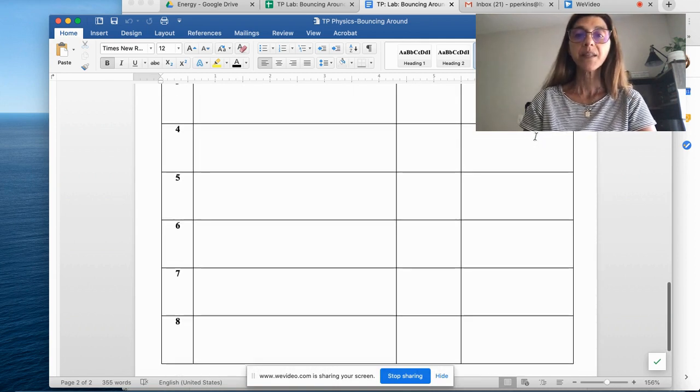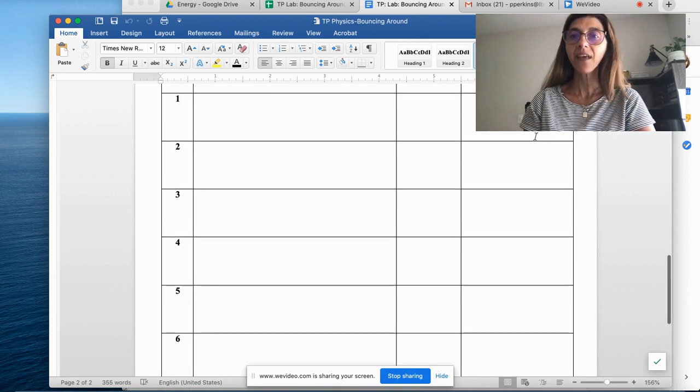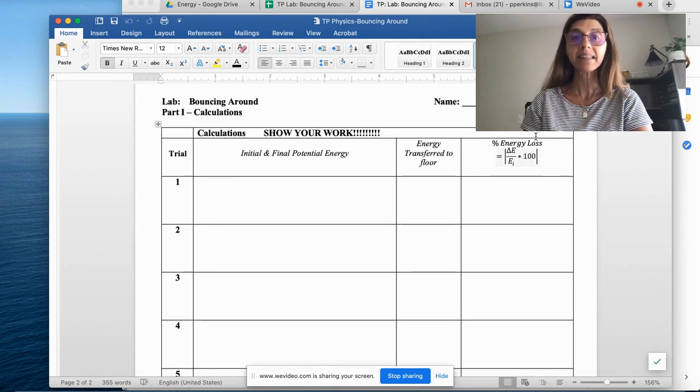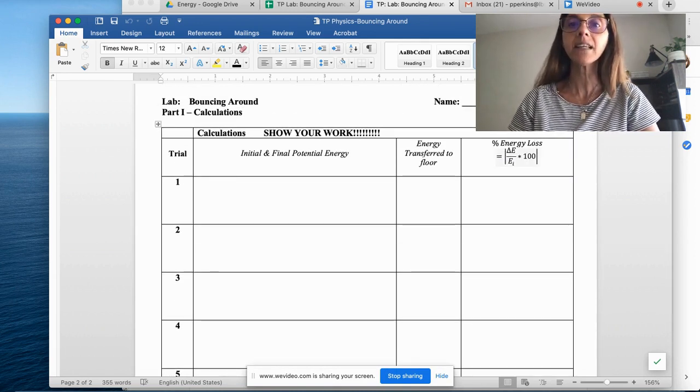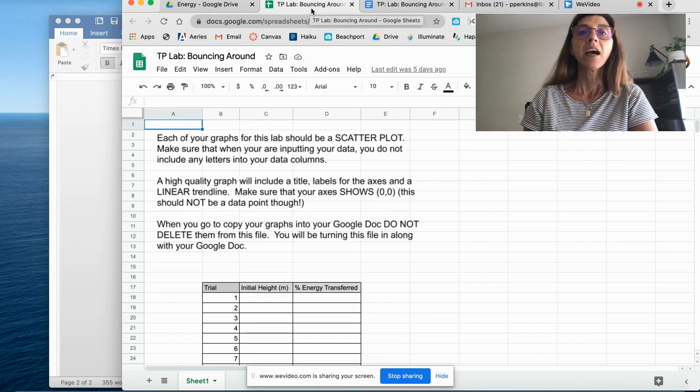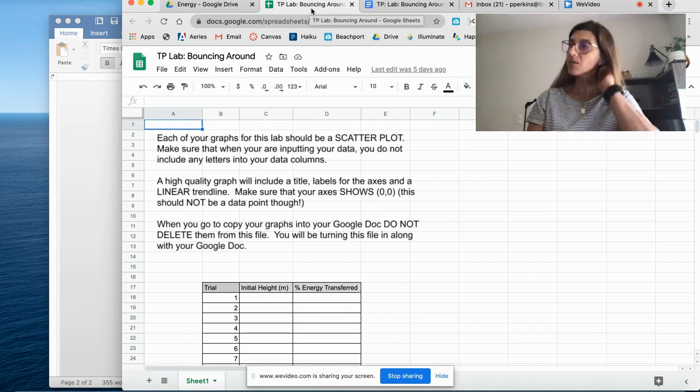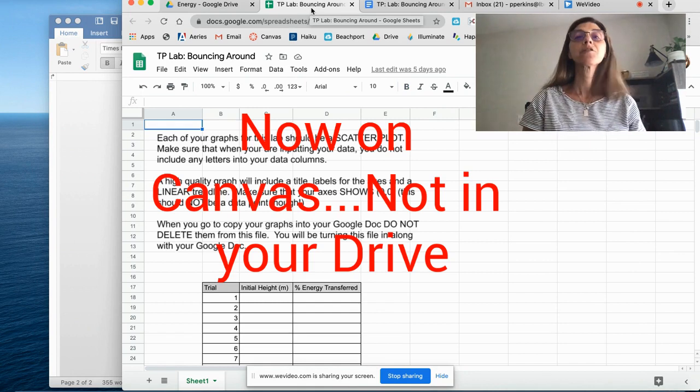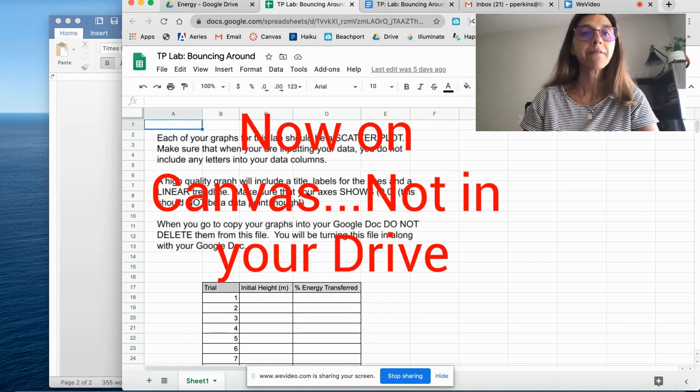If you can, print this out, handwrite it, and then take a picture of it and submit it into the appropriate assignment. Once you have all of your data, you are going to access the TP Lab Bouncing Around Google Sheets that is in your physics folder on Google Drive.